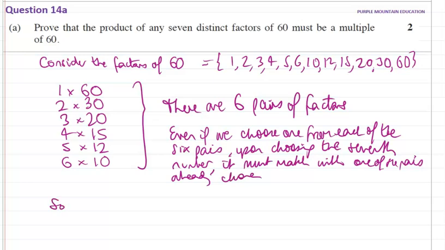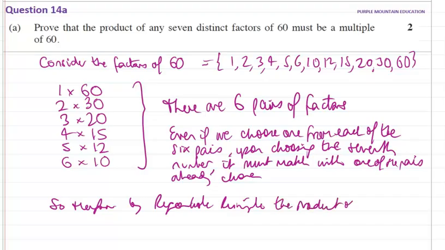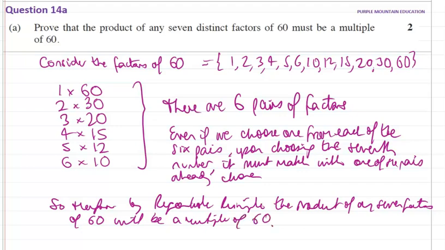So, therefore, by the pigeonhole principle, the product of any 7 factors of 60 will be a multiple of 60.